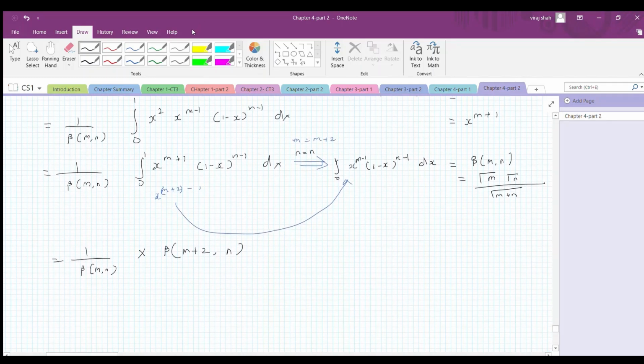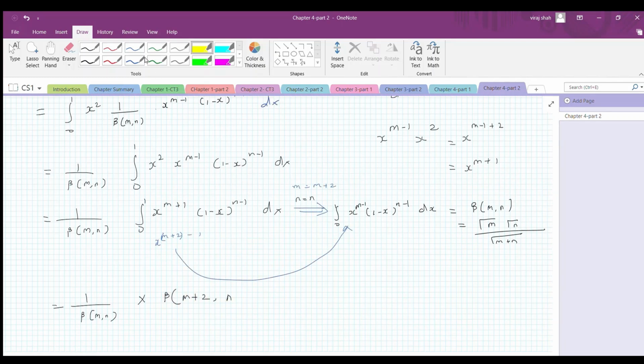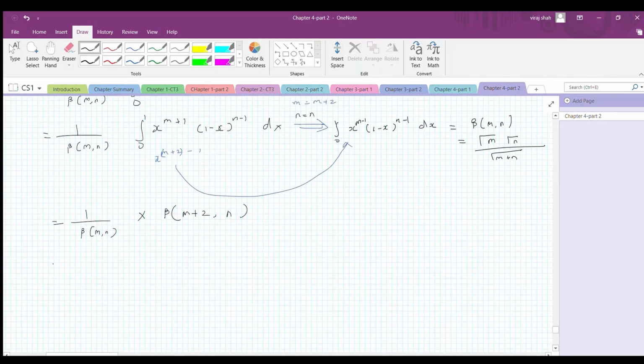Now writing this formula in the form of this formula, okay? So let me write that now. It would be nothing but, what is beta m comma n? It would be nothing but gamma of m, gamma of n upon gamma of m plus n. Same formula as this, nothing change. Now the change would be here. It would be gamma of m. What is m?